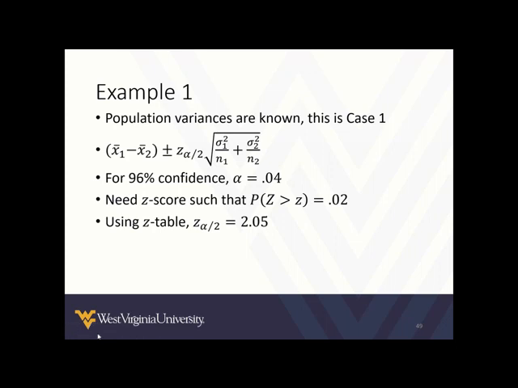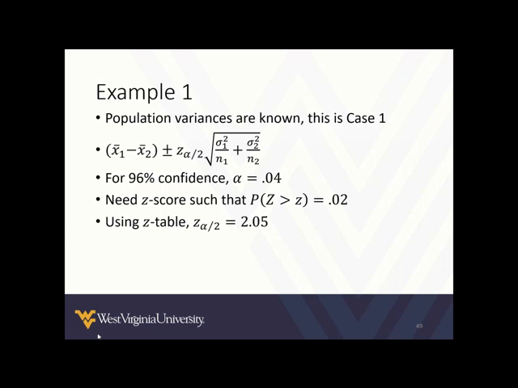So we will use the formula of our point estimate plus or minus z alpha over 2 multiplied by the square root of sigma 1 squared over n1 plus sigma 2 squared over n2. And as we were given that this was a 96% confidence level, this will imply that our alpha level is 0.04.